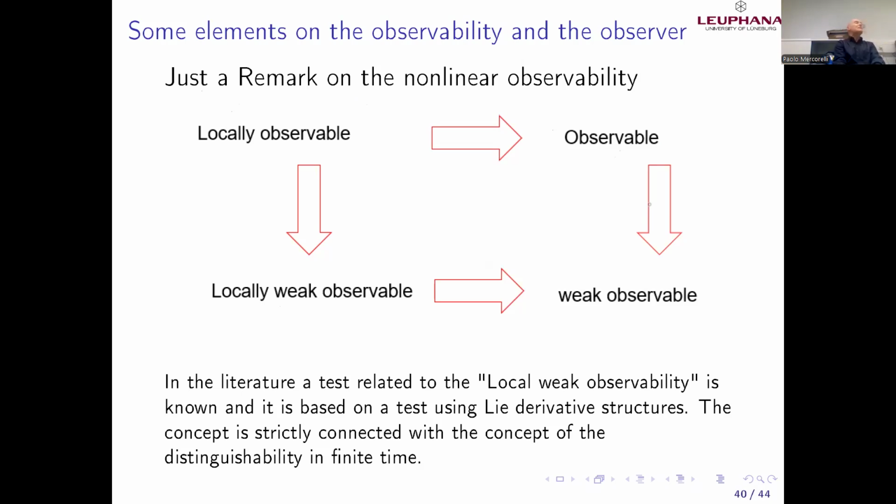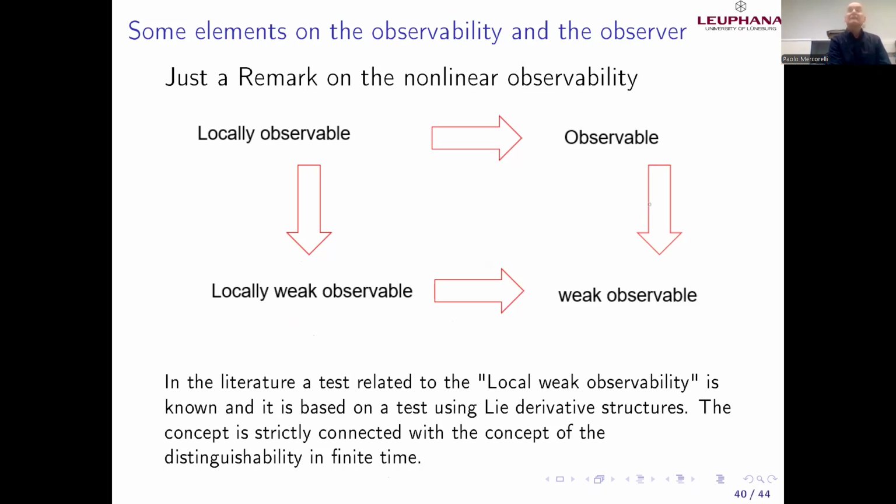This means that the system is a little bit lazy. I need to apply an input to be able to distinguish between two states, between two things which I want to estimate. It's clear that this case is more conservative because I need an input. Weak is related to the necessity to have an input, to stimulate the system.